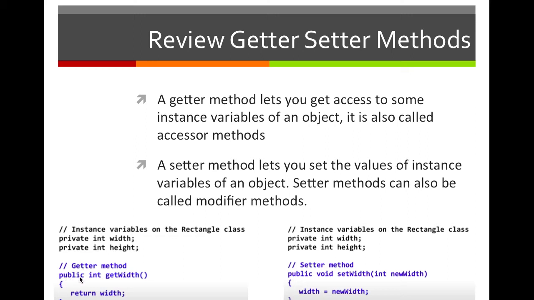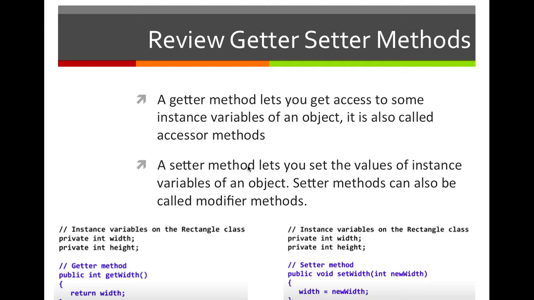Its name is public int getWidth. For example, we have instance variables here, width and height. So we are returning width. We can access it by calling this method from our object. Without this getter method, we cannot use this variable.